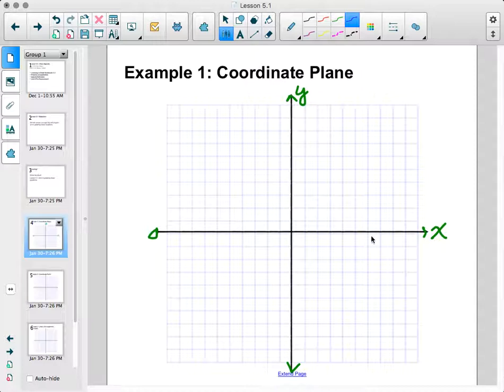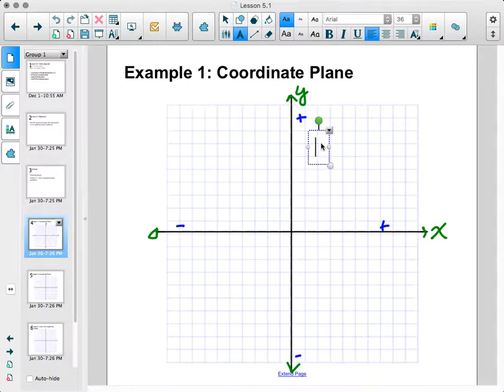This is the x-axis, this is the positive side of the x-axis, this is the negative side, positive side of the y-axis, the negative side. And then each area has a quadrant, and so actually this one is called quadrant 1.